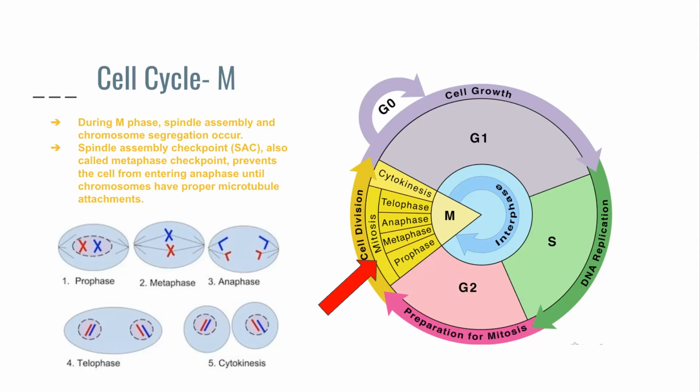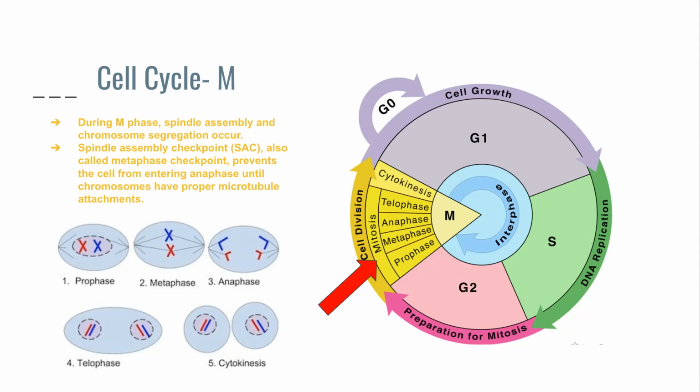So during M phase, we have prophase, where the nuclear envelope is dissolving; metaphase, where chromosomes line up in the middle; anaphase, where those chromosomes are separated; telophase, where our nuclei are fully independent of each other, so they're fully separated; and then cytokinesis, where we have two daughter cells.